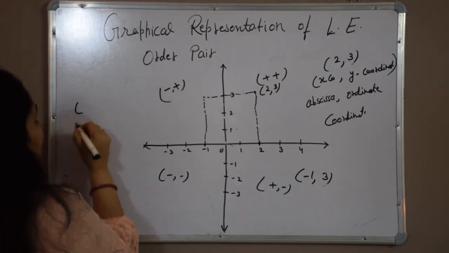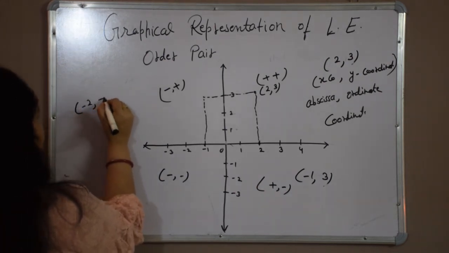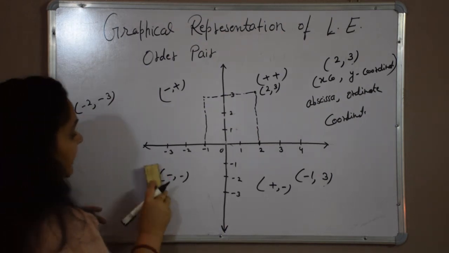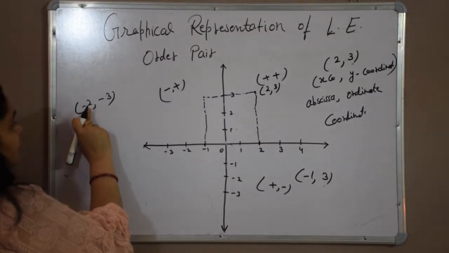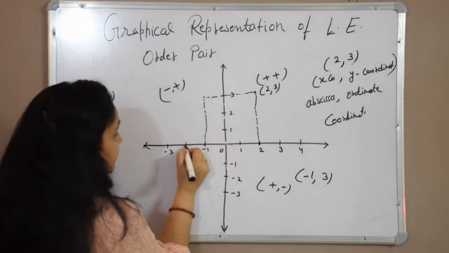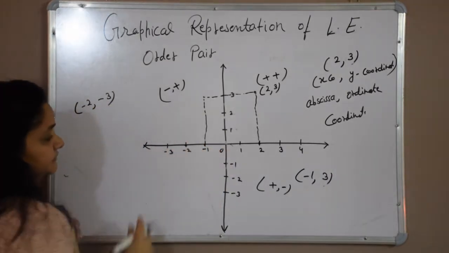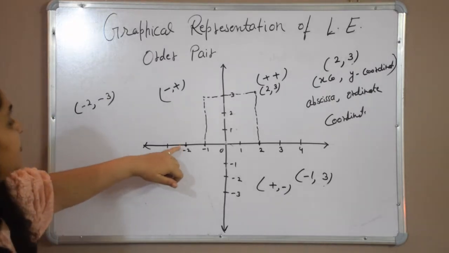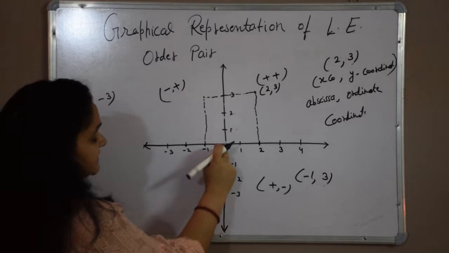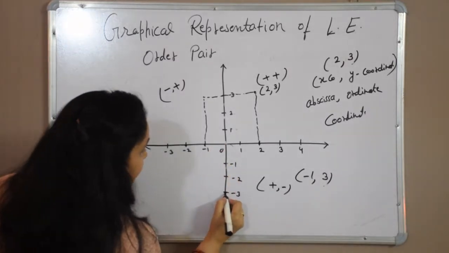How will the points look in the third quadrant? Both will be negative. Now I am taking the example (minus 2, minus 3). I have to plot this point. First of all I will see the position of minus 2 on the x-axis. It is here. We can mark a point so that we can easily see it is minus 2, and then minus 3 on the y-axis we have to mark like this.